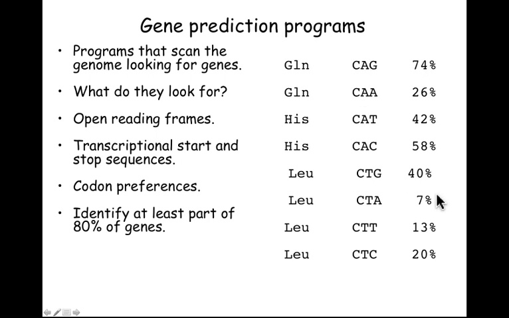But if you do see that unpopular codons like CTA or CAA come up repeatedly, then that might be an indication that it's not a real open reading frame, but just a random coincidence that you've gone a long way without hitting a stop codon. And these sorts of programs, looking at open reading frames, can identify at least part of, so not necessarily every last amino acid of the sequence, but at least part of about 80% of genes.